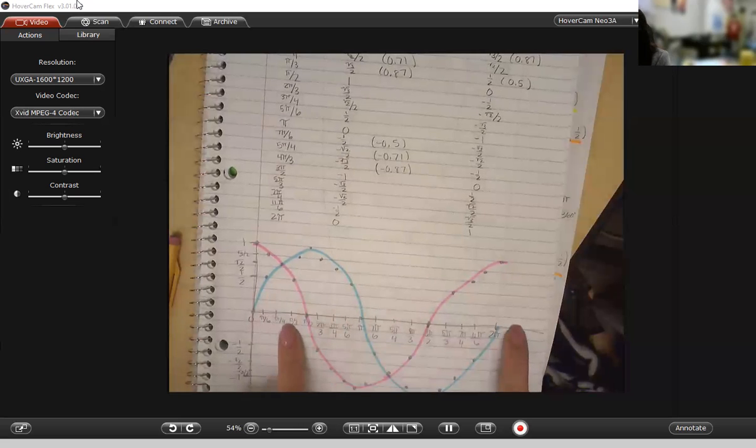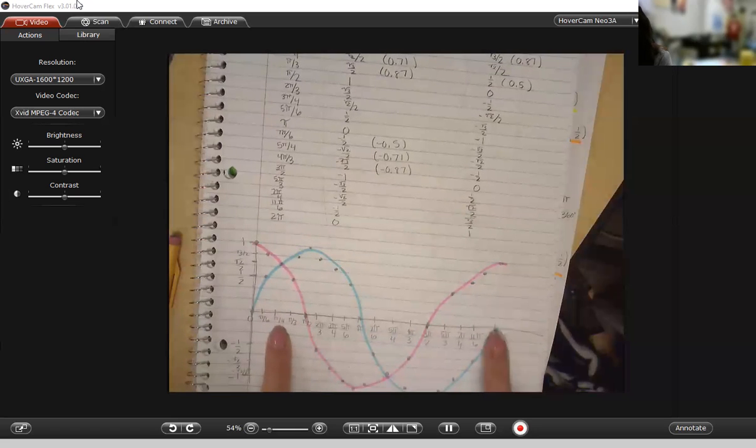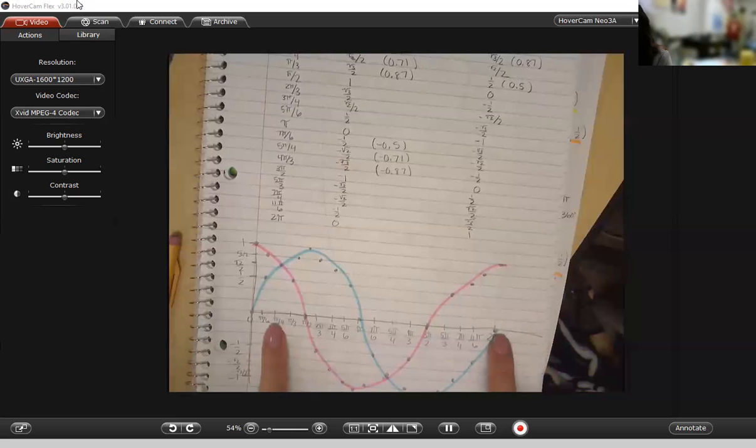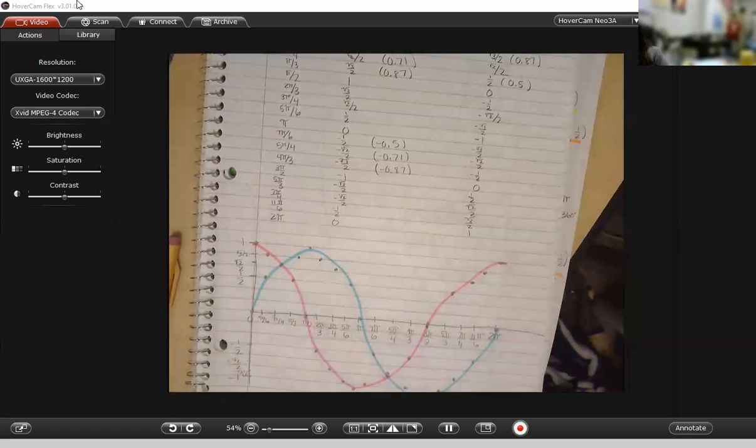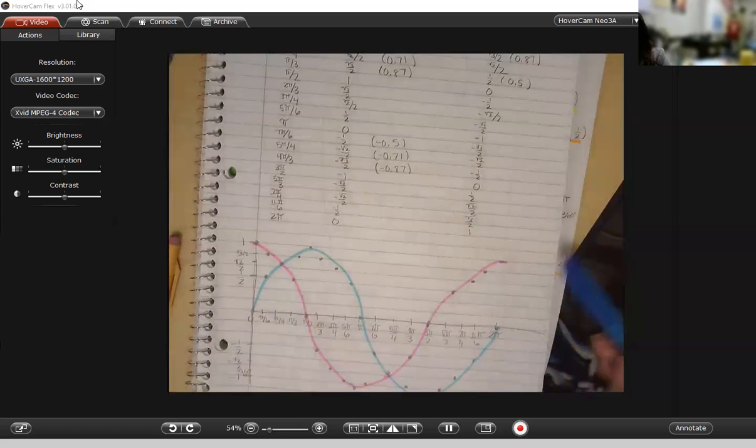If I were to go fourths, here I'm at 8/4. If I add one more, I'm at 9/4. I'm going to be at the same point here, and so on and so forth. It's going to just repeat itself. Same with the cosine. It's just going to repeat itself as the unit circle continues.